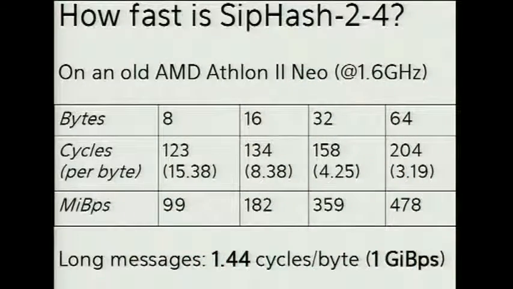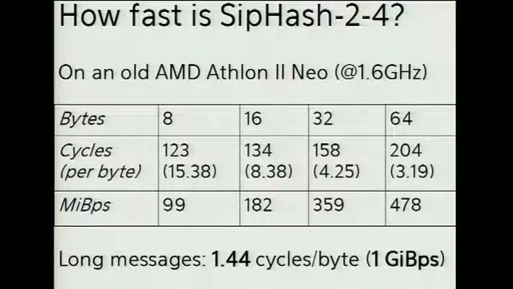Now, how fast is it? On this laptop, a quite old AMD Athlon II Neo CPU clocked at 1.6 gigahertz, if you only hash 8-byte values, but many of them, this will make on average 123 cycles per 8-byte message, which means approximately 15 cycles per byte.